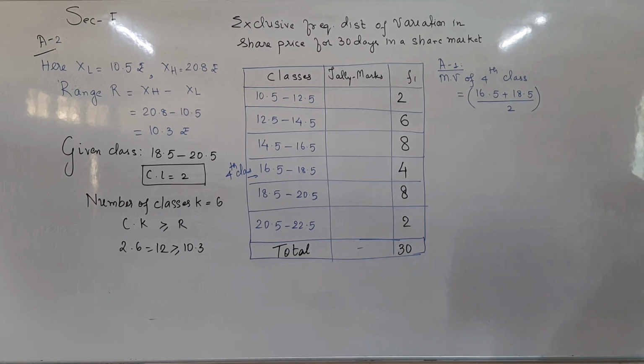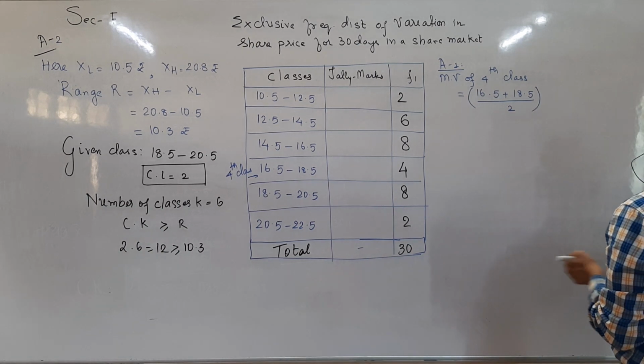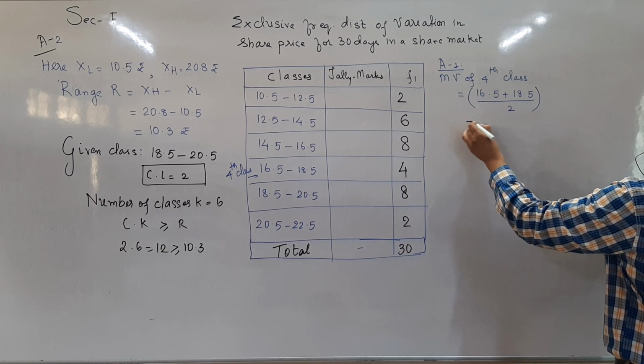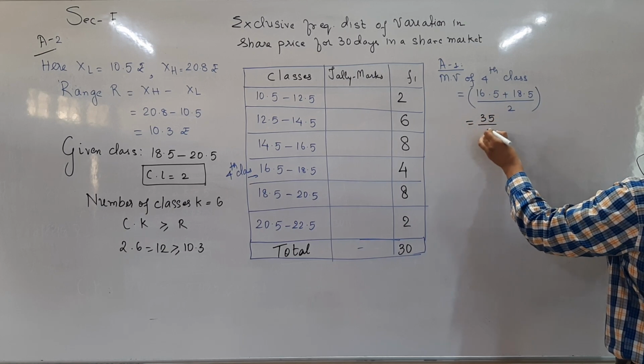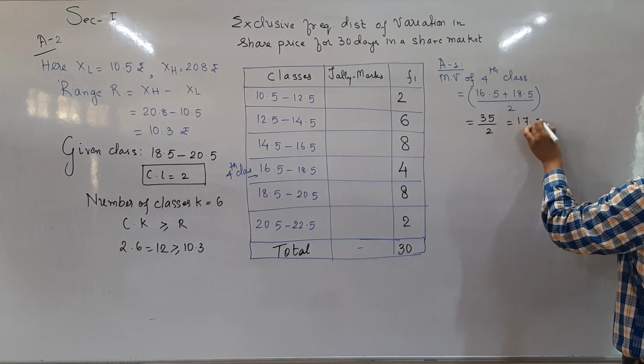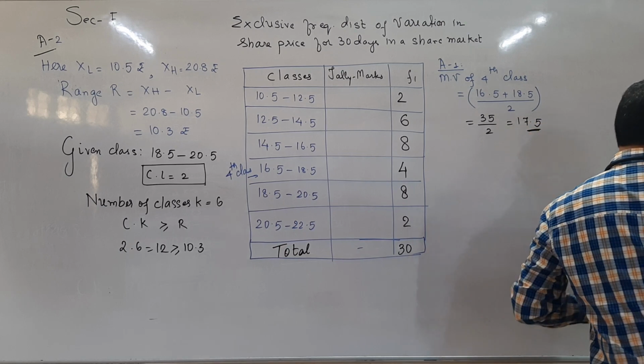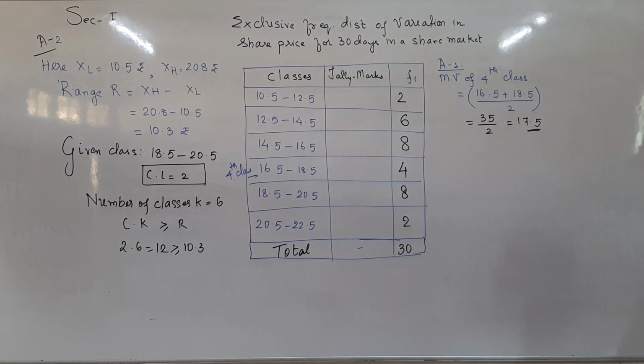If I total this, 17 plus 18 is 35, divided by 2. So how much? 17.5. This is the mid value of the fourth class.